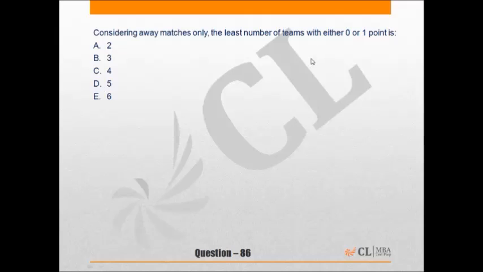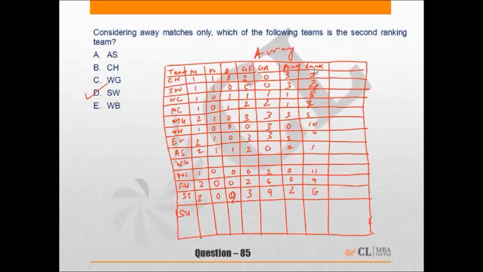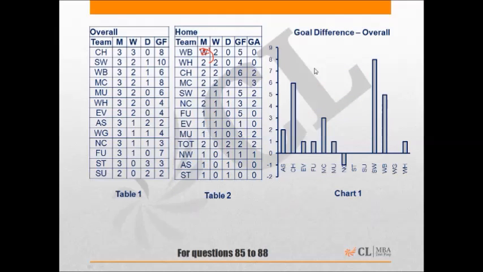Therefore, the points scored by WZ in away matches could be either 3 or 4. This can be seen from the first table, as WZ played 3 matches, won 1 and drew 1.